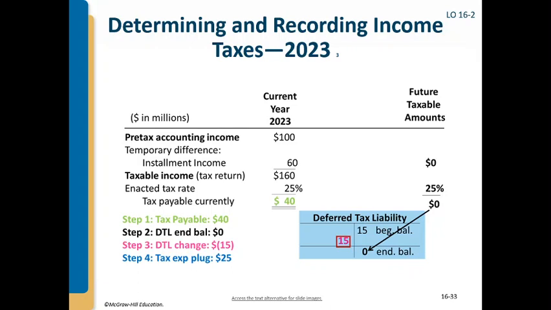You're now at 160 million taxable income. So 40 million tax payable. You're reducing your deferred tax liability by 15, so that's a debit. And again, your plug number is going to be 25 to make everything balance.